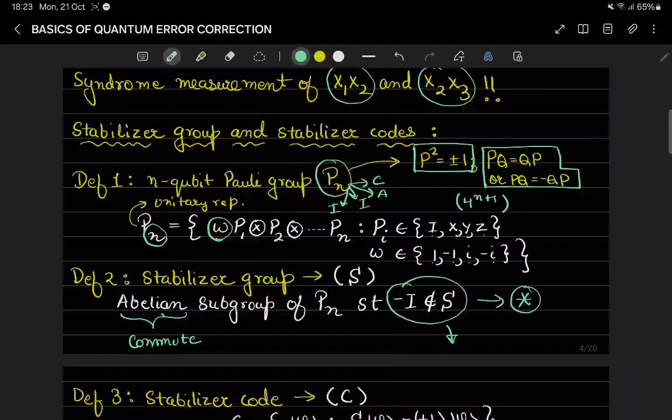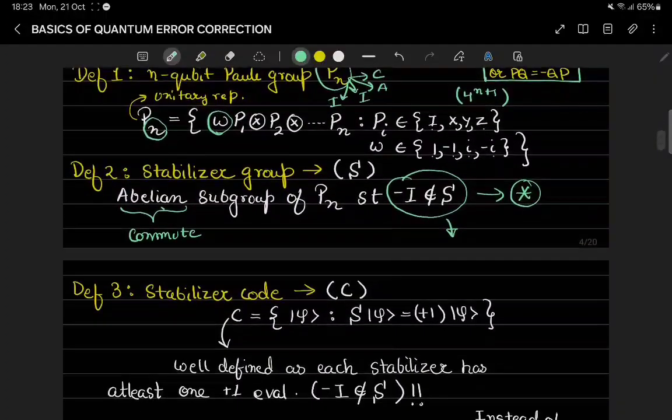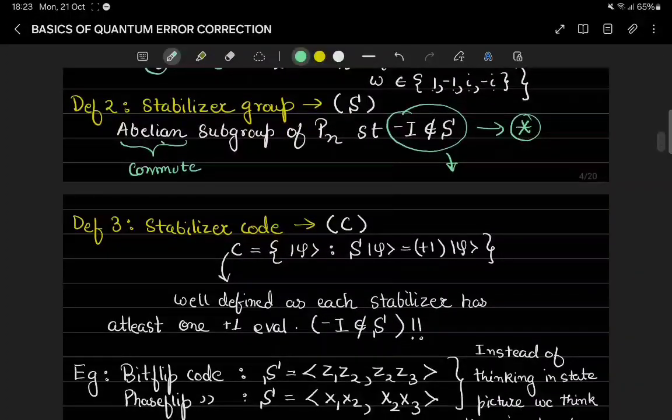Why this property is crucial we will see in just a second, because it is crucial to define what a stabilizer code is. A stabilizer code is nothing but the collection of states psi such that they lie in the +1 eigenspace of the stabilizer group. So they are invariant under the stabilizer group. Now, minus identity is not included, because minus identity has all eigenvalues equal to -1, and that would make this entire code space trivial.